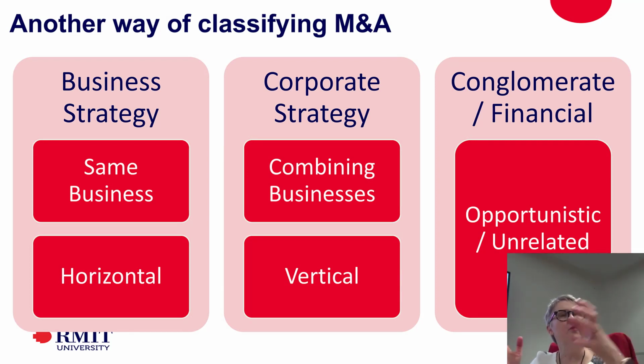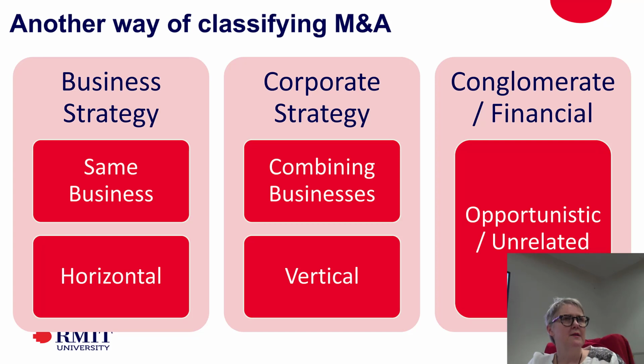And when we're talking about the type of transaction, it's good language to use. I think another way to look at it is to think about it from the point of view of business strategy, corporate strategy, or whether in fact the company itself is a financial conglomerate or a financial entity. So a good example of a conglomerate in that sense is a company like Wesfarmers.